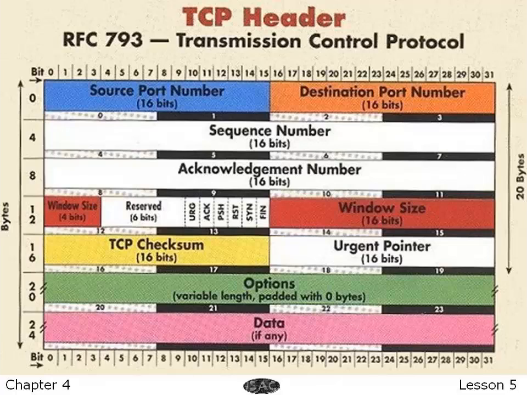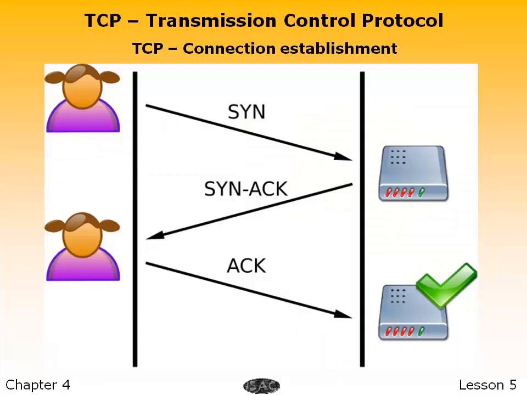TCP has congestion control, whereas UDP doesn't. TCP uses the sequence number to identify each byte of data.